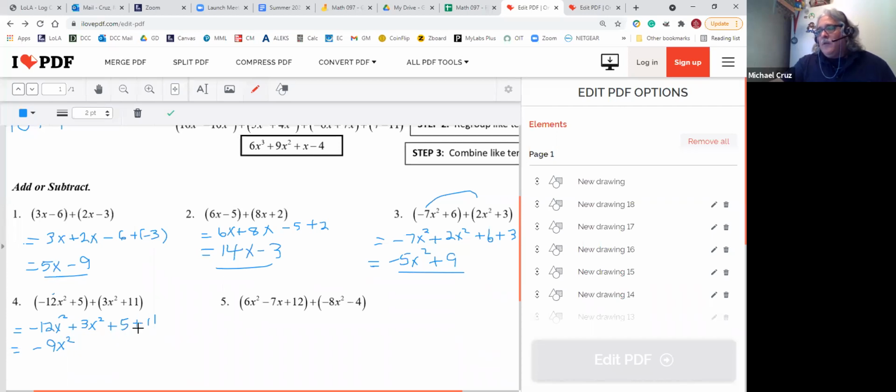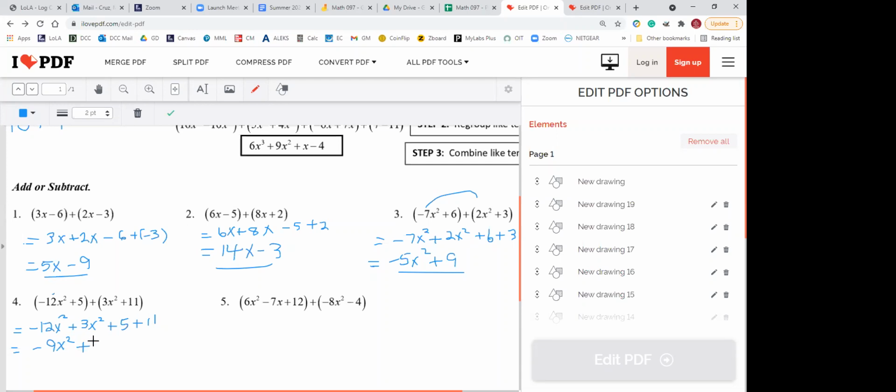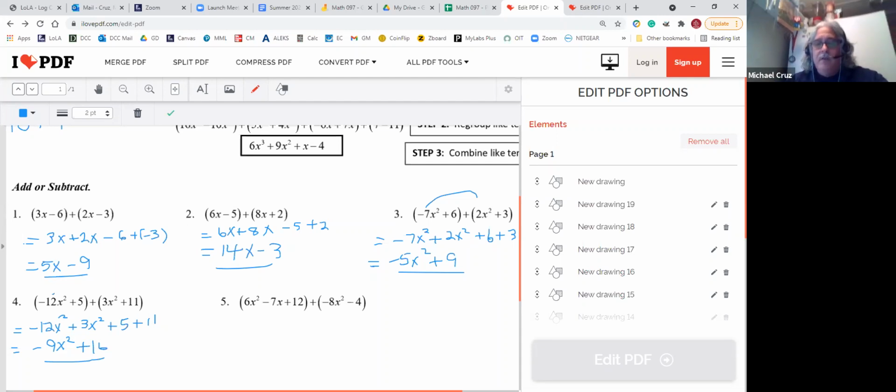And then the constant terms are 5 and 11, which is 16 positive. So we need to, any questions on that? Going to number 5, if you don't have any questions.